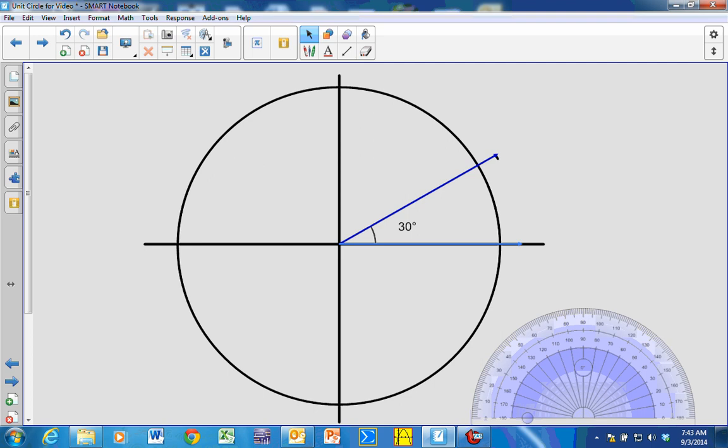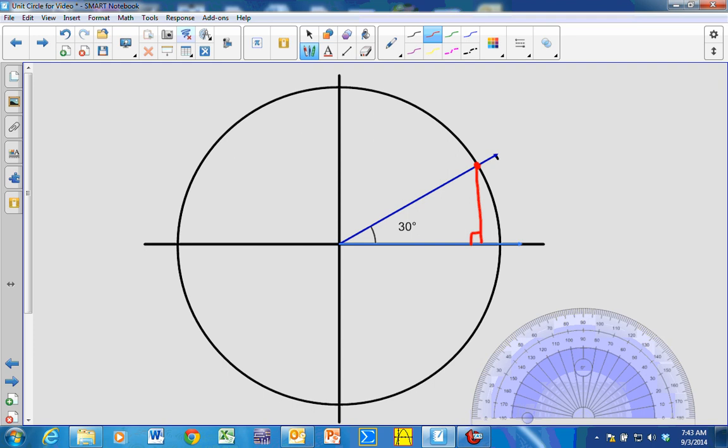What I've drawn on there is a 30-degree angle. If I mark a spot right here where the 30 degrees meets the circle, and draw down a perpendicular to the axis, I would have a right triangle there that would conveniently be a 30, 60, 90 triangle.